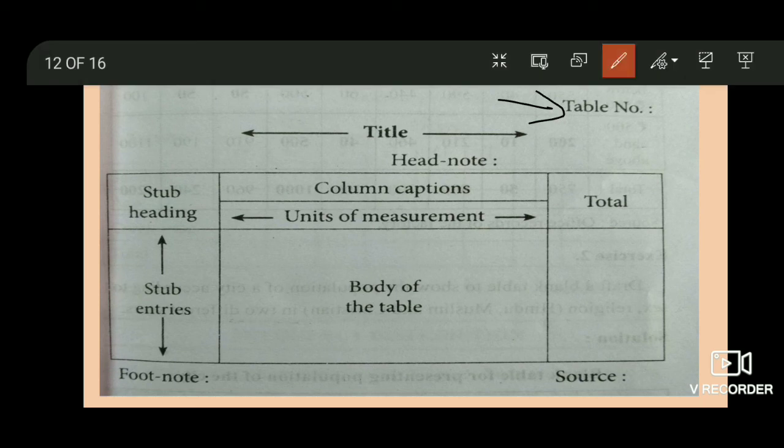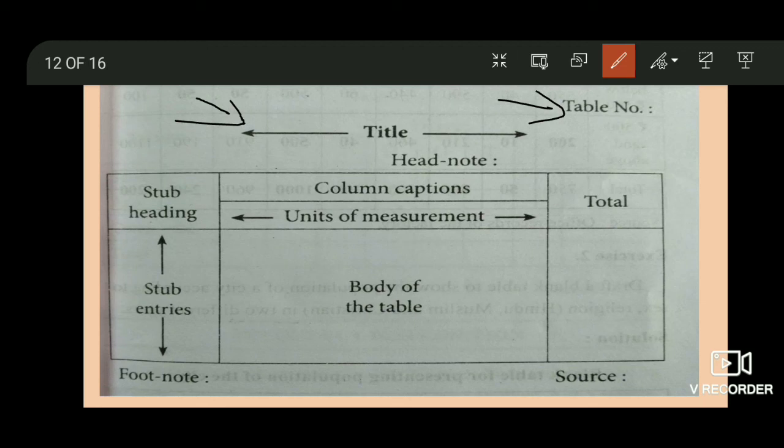The next one is title. So here you have to write title. A title should indicate in short what the table is about. So the contents of the table should be written in title in a short format. The next part of a table is heading, subheadings and stub.